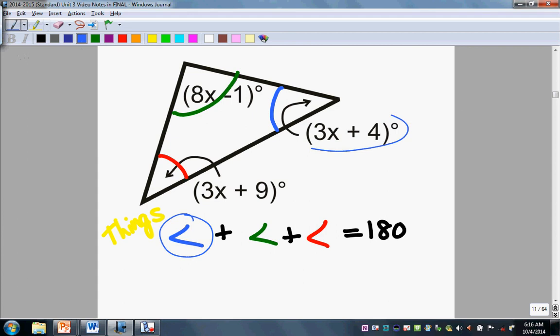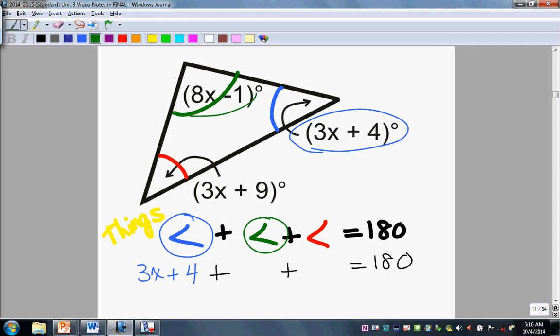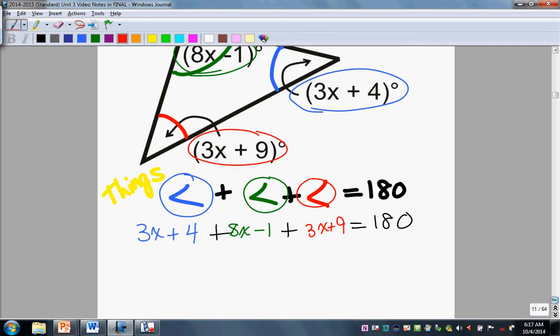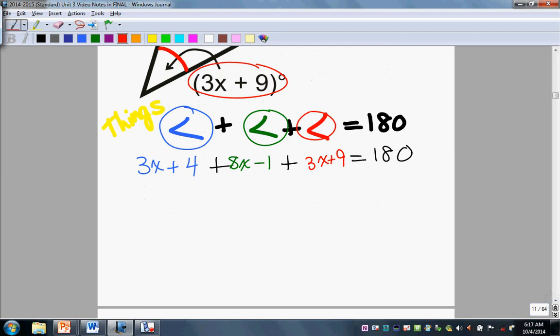We have the blue angle, blue equation, green angle. Solve for x simultaneously as I do and double check your work. We're going to start by collecting like terms.